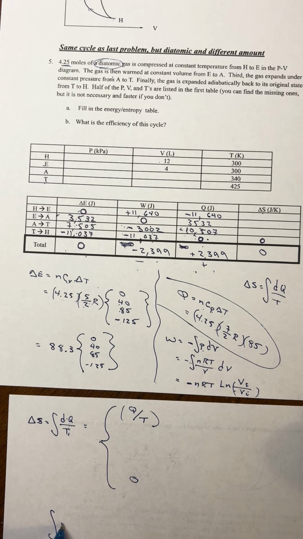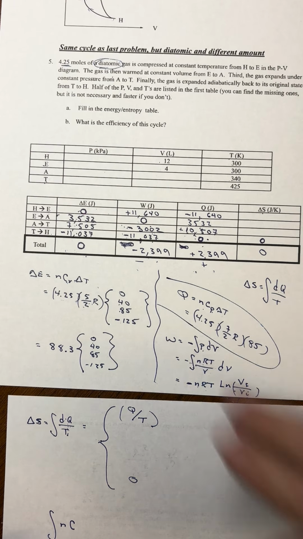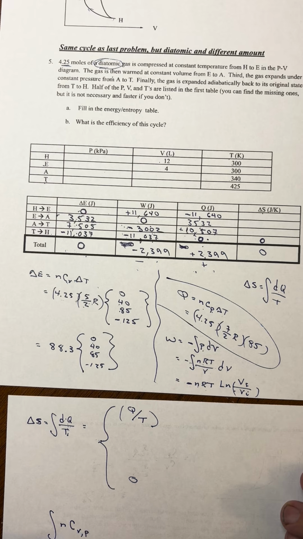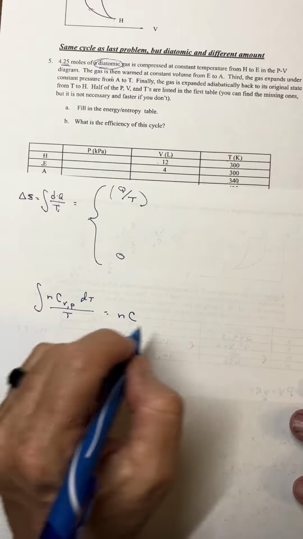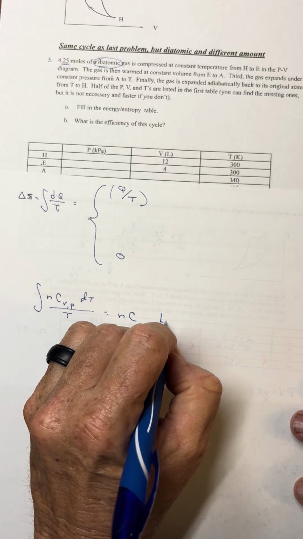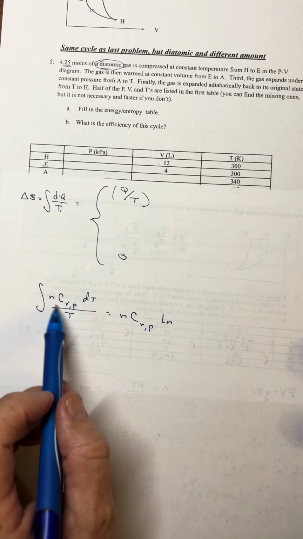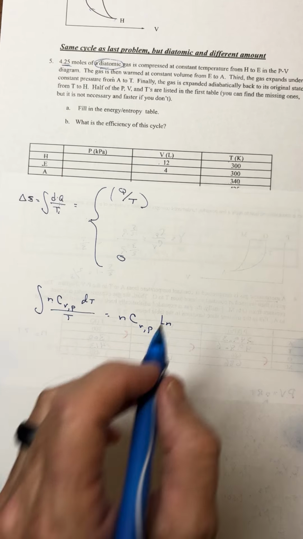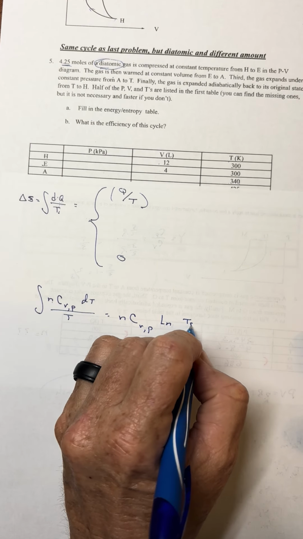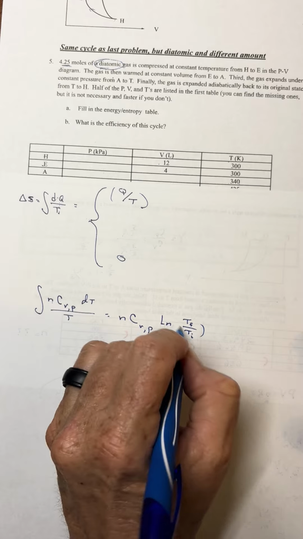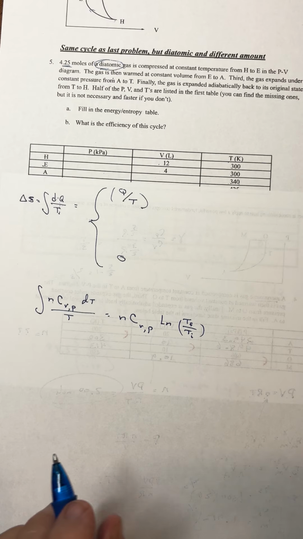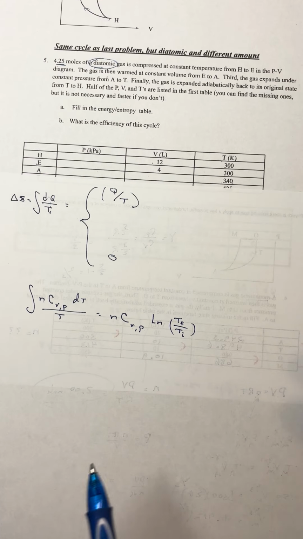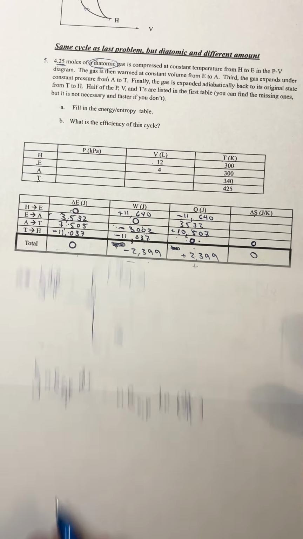Now, for the other two, they are either constant volume or constant pressure. So you are going to get something like this, where the number of moles and then the molar specific heat, either constant volume or constant pressure, gets pulled out in front, and then you just have a log of final temperature over initial when you do the integral.